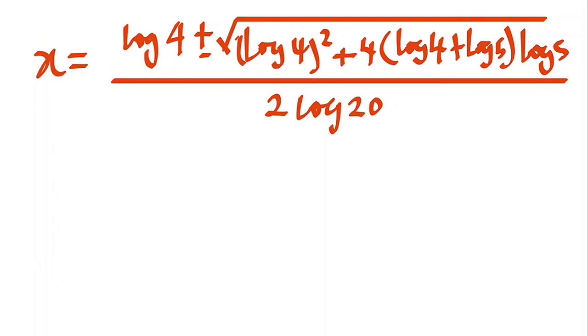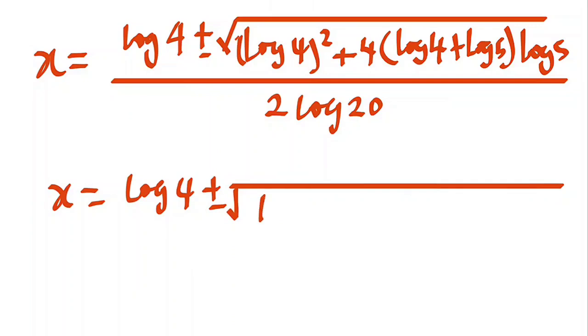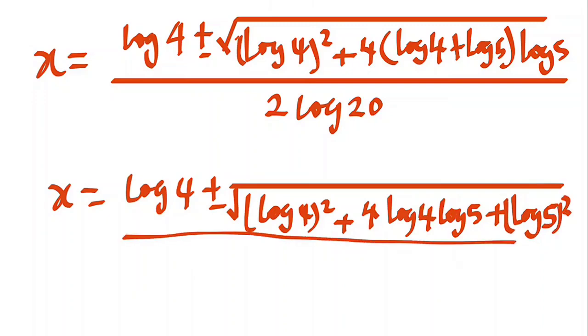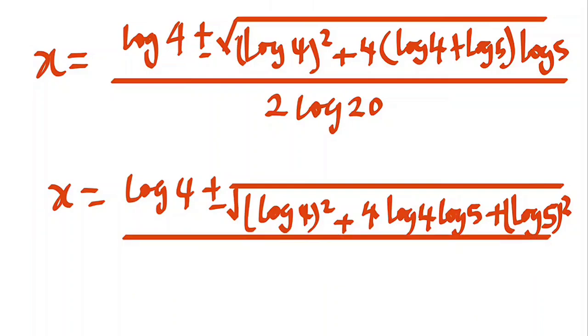So now we move on. x will be equal to log 4 plus or minus the square root of log 4 all to the power of 2 plus 4 log 4 log 5 plus log 5 all to the power of 2, divided by 2 log 20.